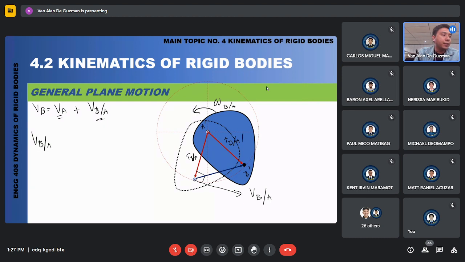V B relative to A, that is, kung ano po yung ating angular velocity multiplied by the radius. Okay? So right here. Substituting this one dito, finally we have yung ating working equation V B equals V A plus angular velocity cross R B relative to A.